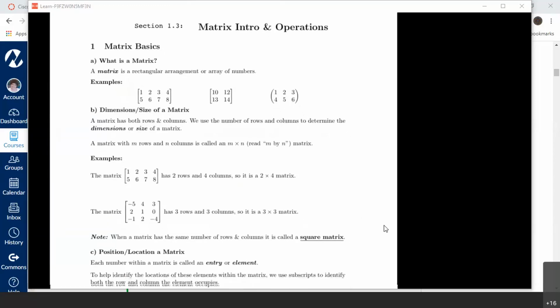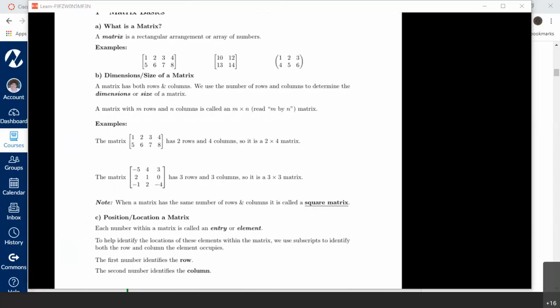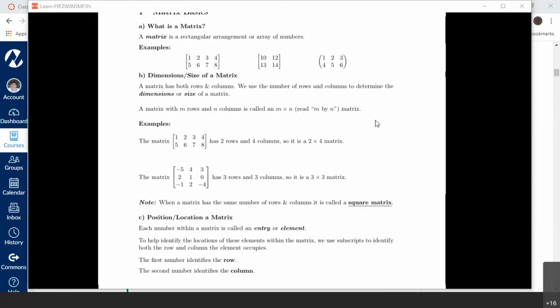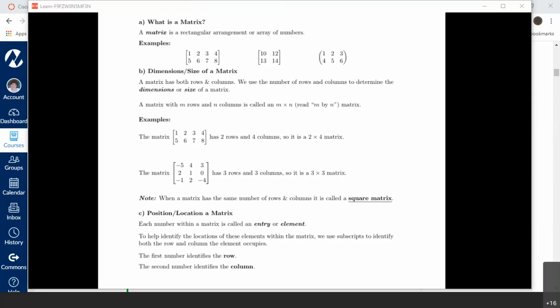How do you describe a matrix? Well, a matrix has a property called its dimension. A matrix has rows, which are the horizontal lines of numbers going across, and it also has columns, which are the vertical arrays of numbers going up and down. The dimension of a matrix is a combination of its rows and columns. So when you talk about a dimension, you talk about the number of rows and the number of columns.